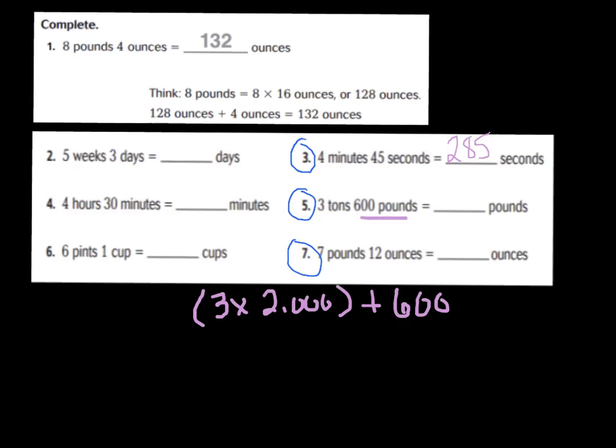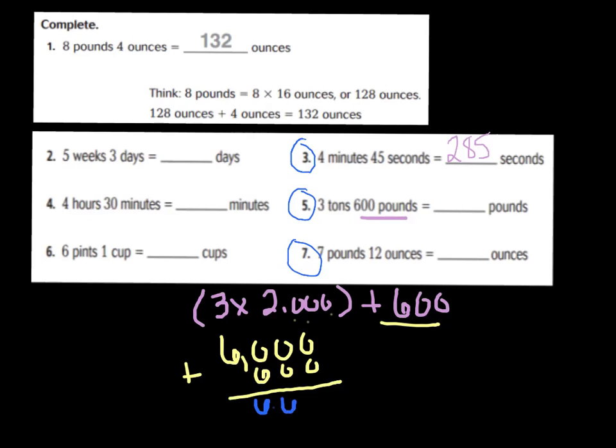So 3 times 2,000, well, I know that 3 times 2 is 6, and then I just need to add my 3 zeros. So I'd have 6,000 pounds in 3 tons, and then I need to add my 600 extra pounds to that. So 600 pounds plus 6,000 pounds, I would get 6,600 pounds.